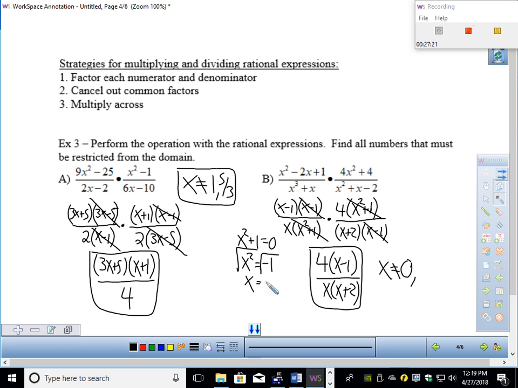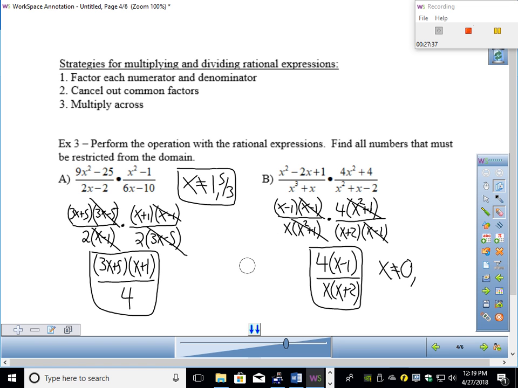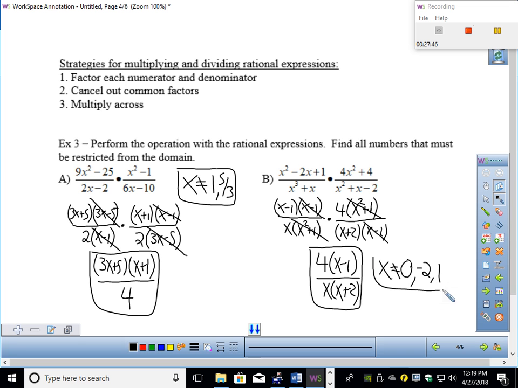And I don't think so. So in reality, if you take any real number, square it, and add 1, you're not going to be able to get 0. So this factor didn't produce any restrictions. Okay? But the negative 2 from x plus 2 and the positive 1 from the x minus 1 absolutely do. And so we see that.